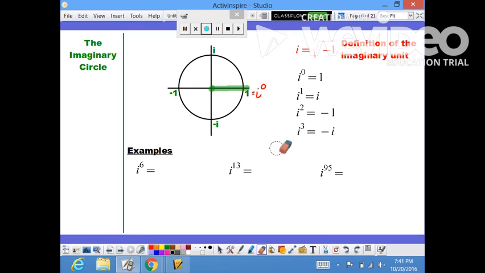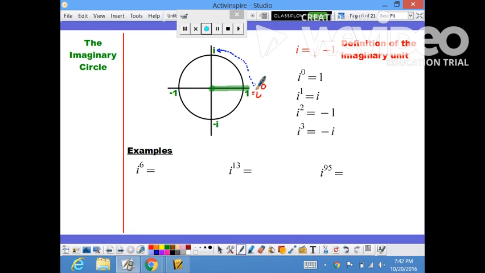Now, we'll remember from rotations that when we rotate 90 degrees, and because 90 is positive, we go in a counterclockwise direction. So we're going to go from I to the power of 0, or 1, into the counterclockwise direction.